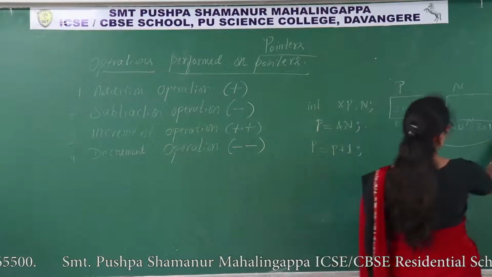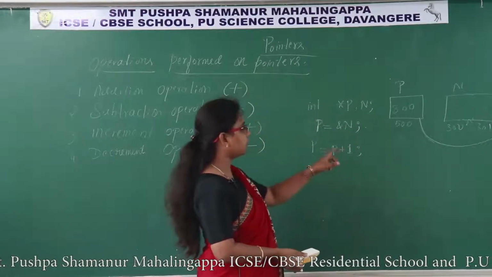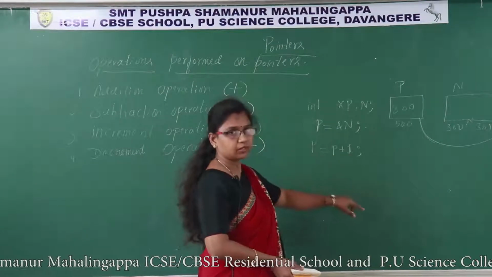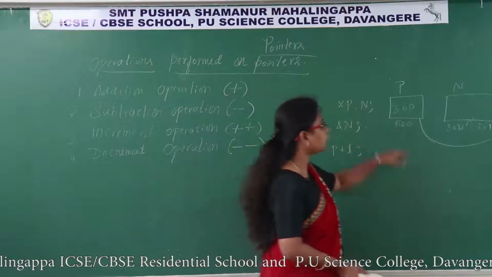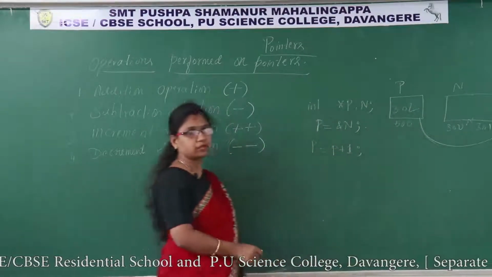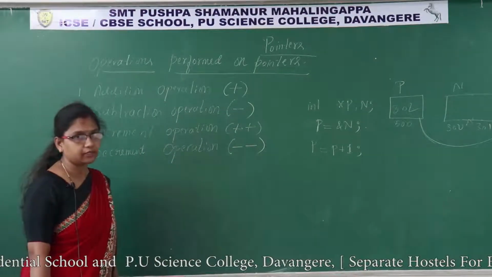If I add one to this pointer, one time increment, this pointer being integer type, it points to 302. Now p contains 302.